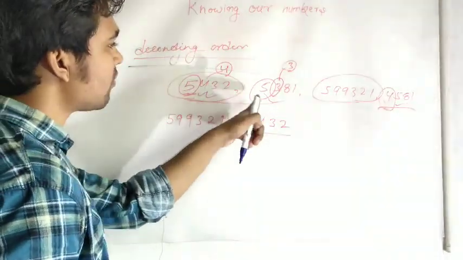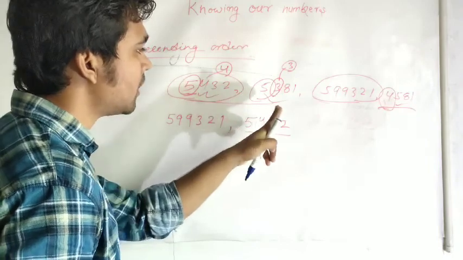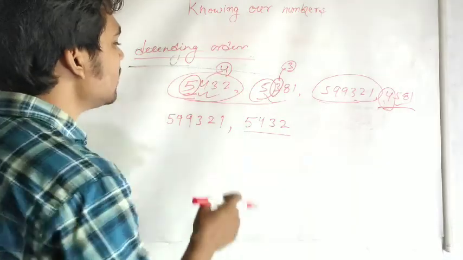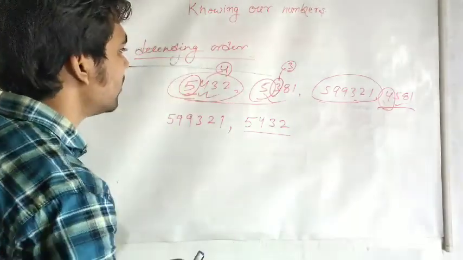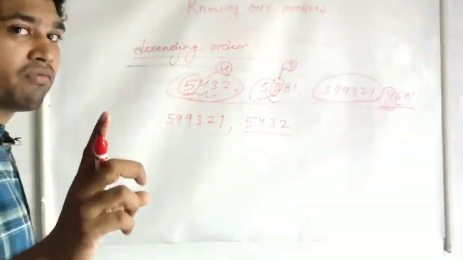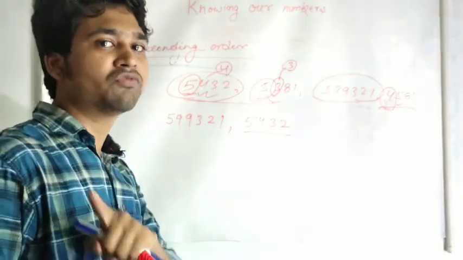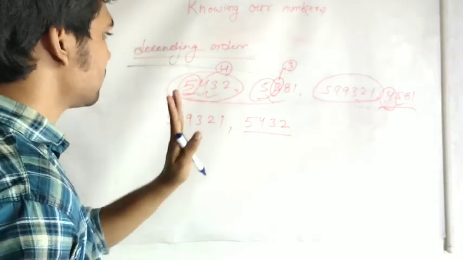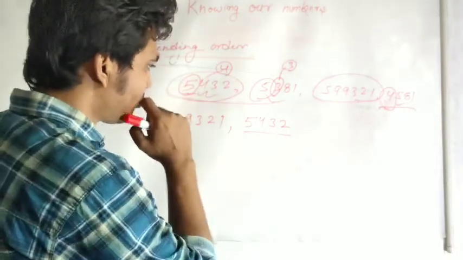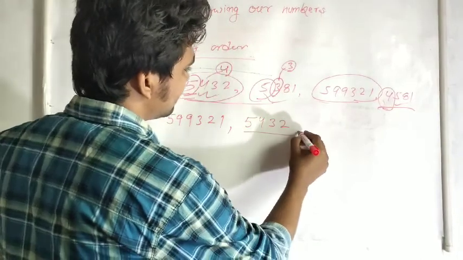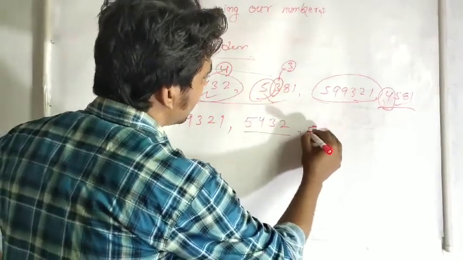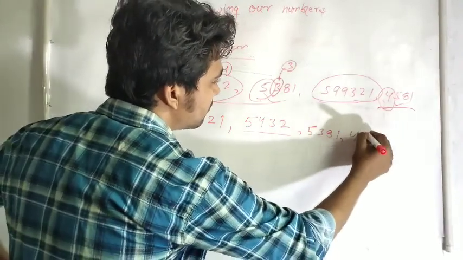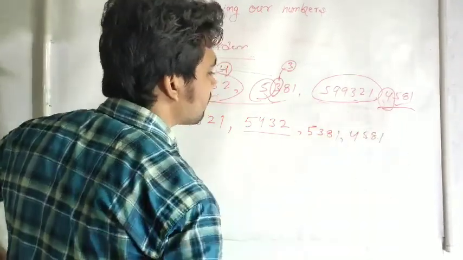Here we are using comparison and place value, face value also. If you are not able to understand how the process is going on, then you may watch the previous lecture, that is the first lecture, then you will be able to understand this question easily. So here the third greatest number is 5381 and the last one is 4581.